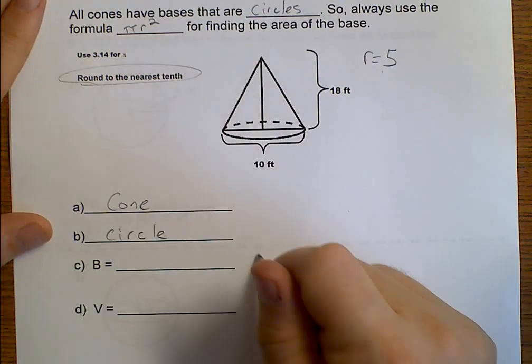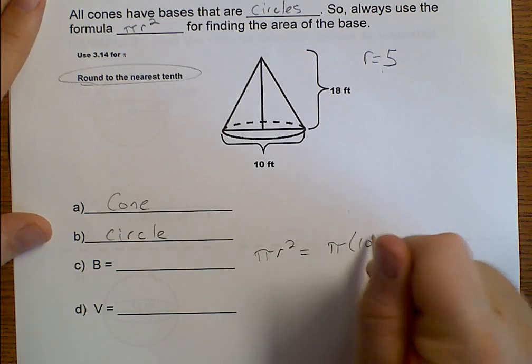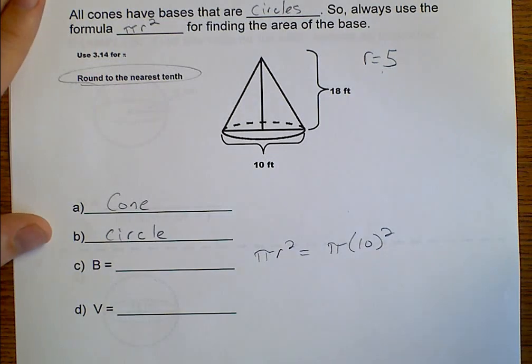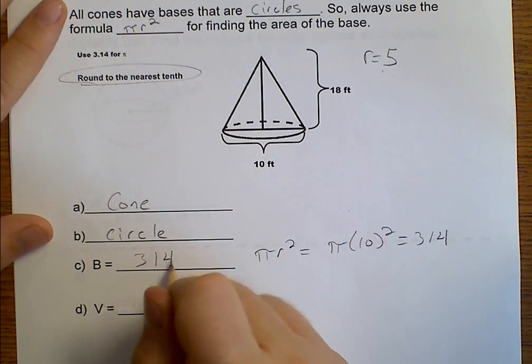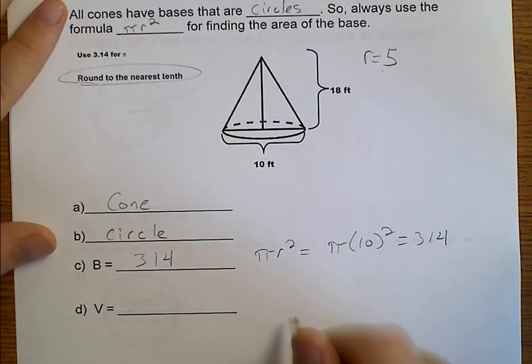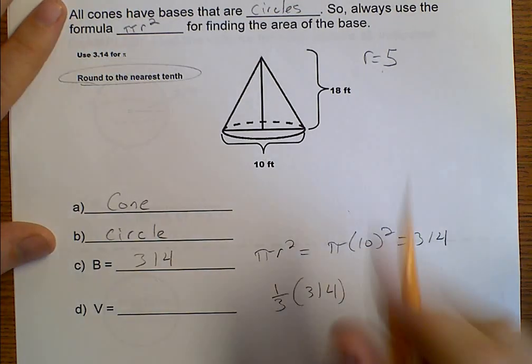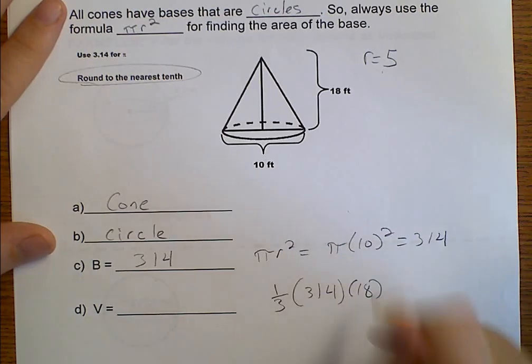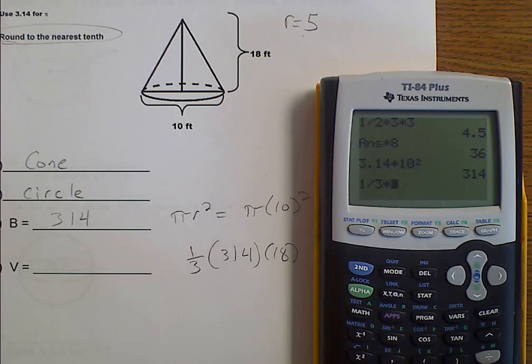So we need pi r squared, which is pi times 5 squared, which is 78.5. And then we're going to take 1/3 of 78.5 times our height of 18, which gives us 471.